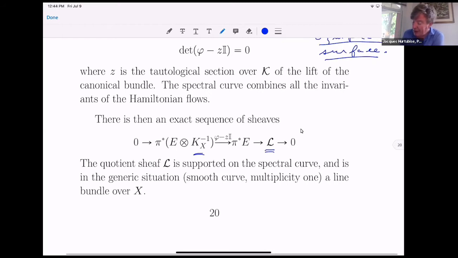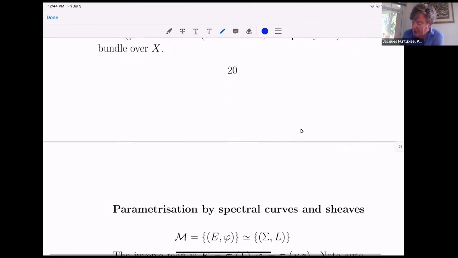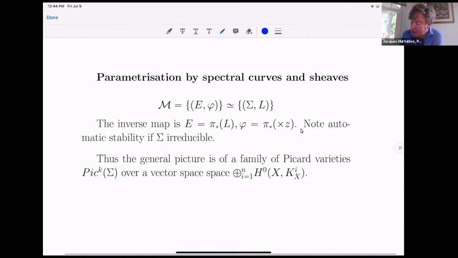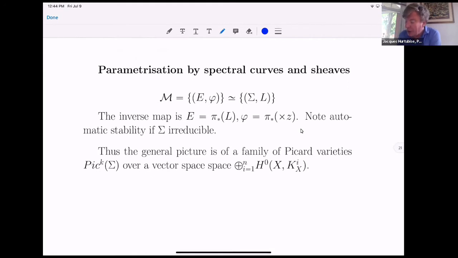And basically the nice thing about this is that your moduli space gets parametrized in the following way. Normally it was a space of E and phi, and it becomes a set of spectral curves and line bundles over it. So you've turned your vector bundle into a line bundle. Generically a line bundle, of course, because you could have multiplicities and things like that. But if sigma is smooth, multiplicity 1, then you're getting a line bundle.